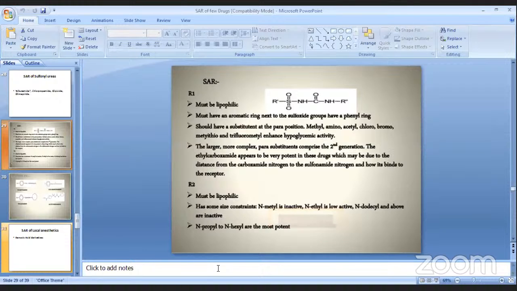All of these add hypoglycemic activity. If you want to increase activity, the para position is very vital, because if you add a methyl group, amino group, acetyl group, fluoro group, bromo group, or methylthio group, it enhances the activity.